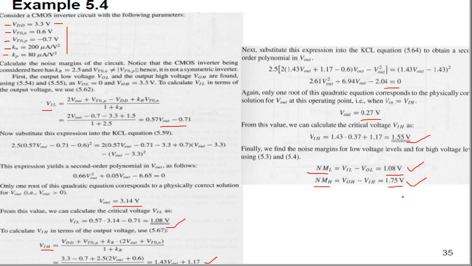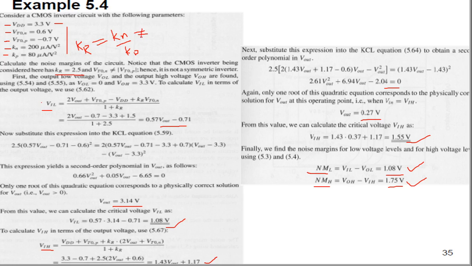Look at here, calculate the noise margin of the circuit. Notice that the CMOS inverter being considered here has KR of 2.5, so KR here, that is the ratio of Kn by Kp, is not equal to 1.